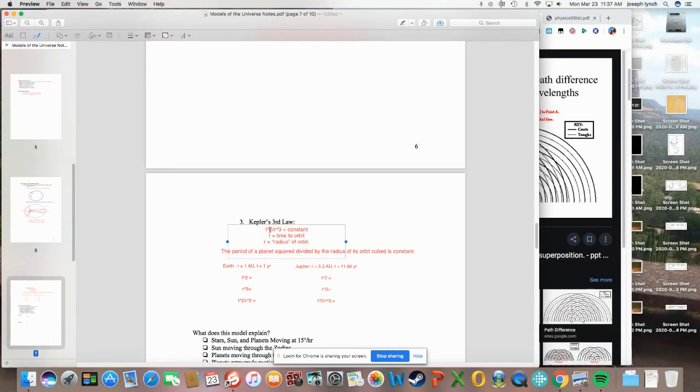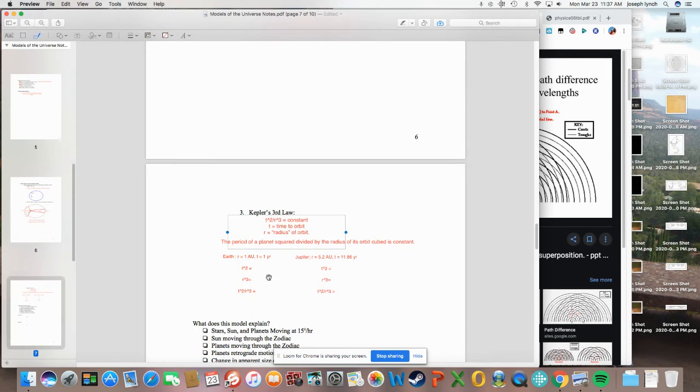So what this is saying is T squared, T is the period, and I square it, I divide it by the radius cubed, I get a constant. Now that doesn't make a whole lot of sense until you see it once.